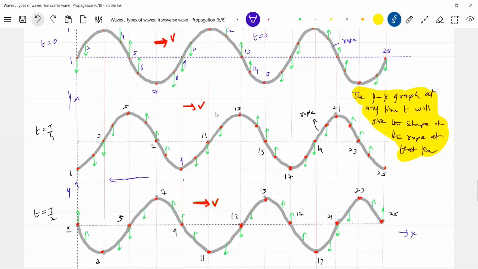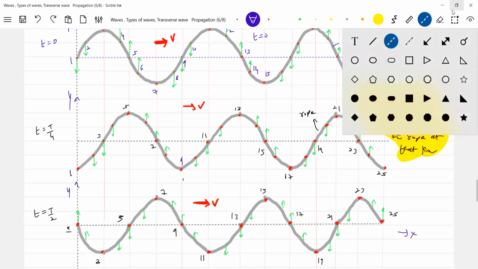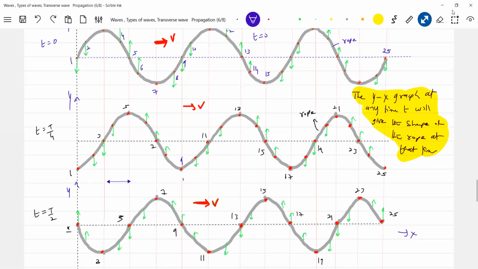The distance between 2 points which have the same phase. So the same phase is this one. This is the lambda. No, sir, even 13 and 21 also have the same phase. Okay, write it, no problem.